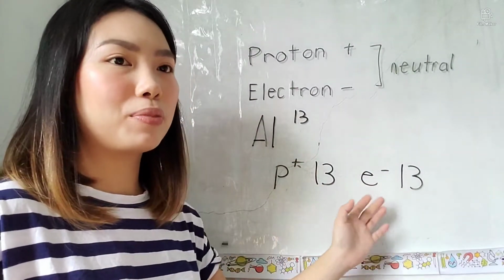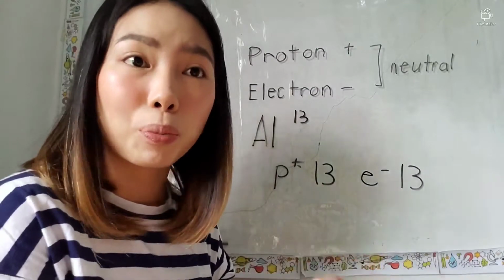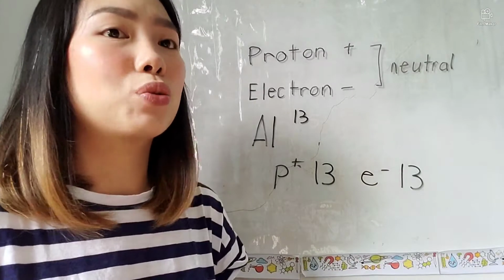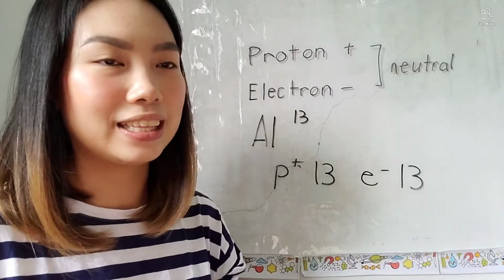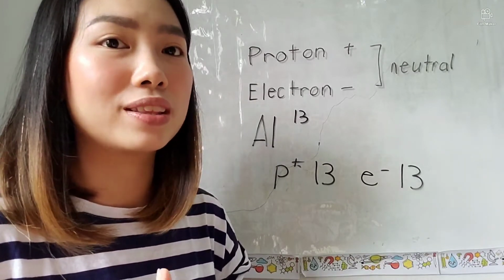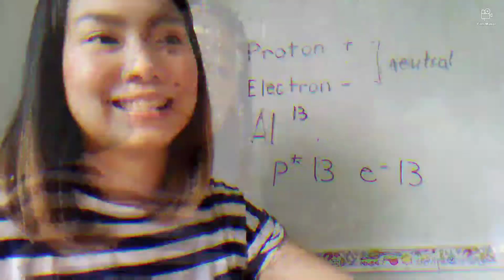Parehas silang 13 because aluminum is in a neutral state, and you always take note that whatever is the proton, that is also the number of electrons. It would be as easy as that. The number of proton is also the number of electrons when the element is in its neutral state.